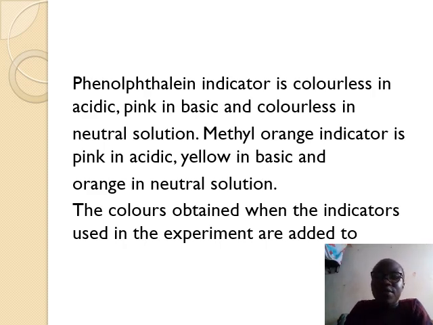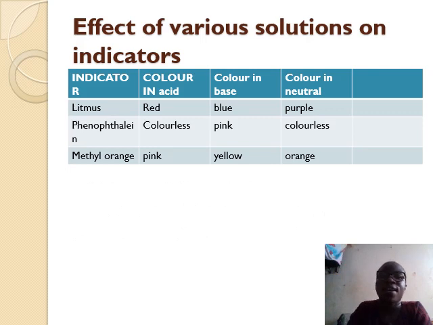The colors obtained when the indicators used in the experiment are added to acids, bases, and neutral solutions are represented in a table below. So this table shows the color of litmus in an acid, in a base, and in a neutral solution.